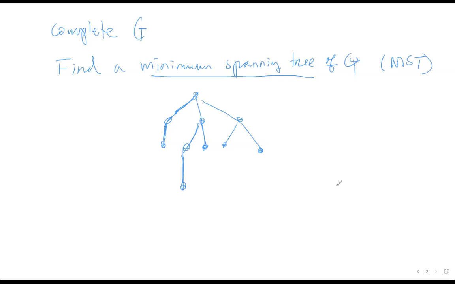Now, once you have this, how do you form a Hamiltonian cycle? Okay, so this is how I do it. I start from the root, and then I'm going to go down. I'm going to do a pre-order traversal.